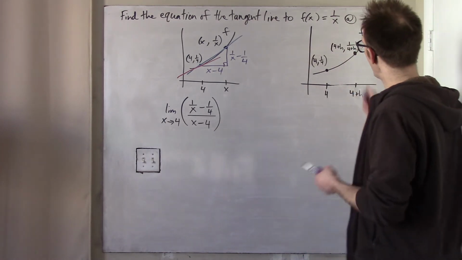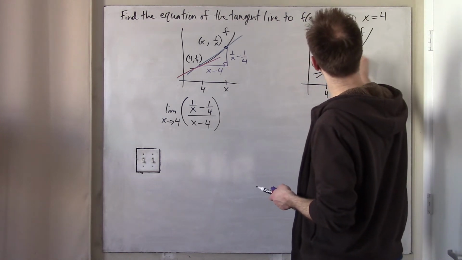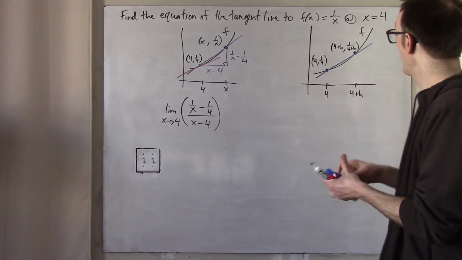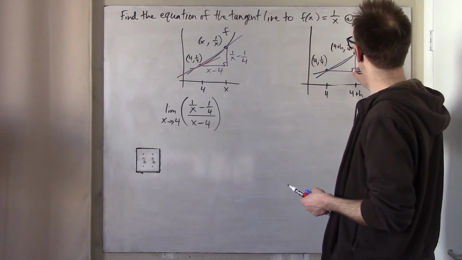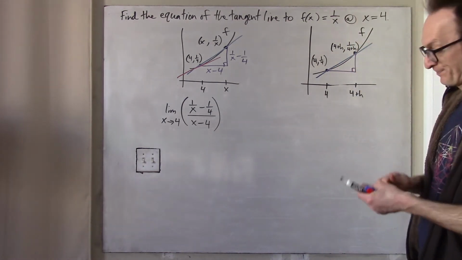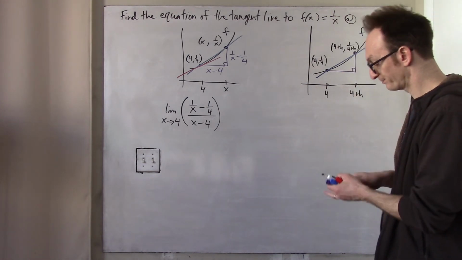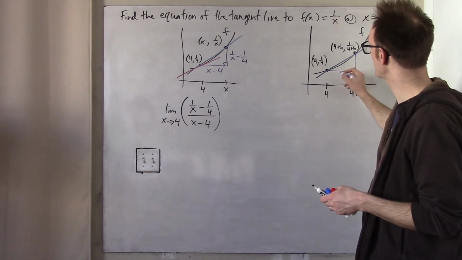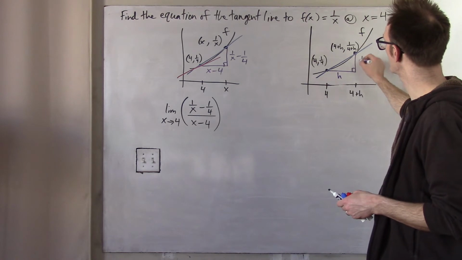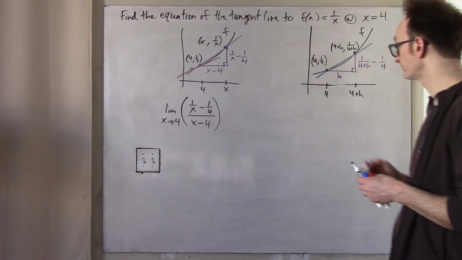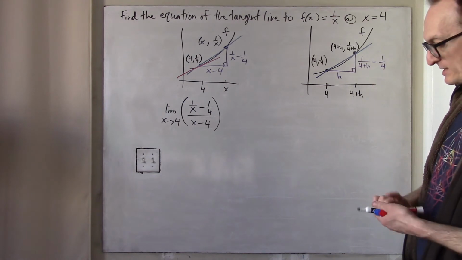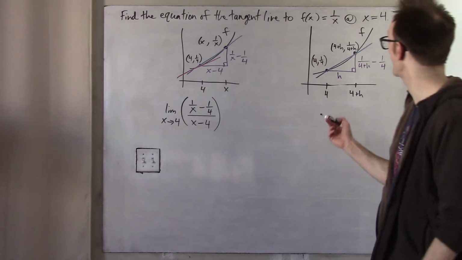And so again I can draw the secant line, and again I can draw in the triangle. I have h as my change in x, and my change in y is 1 over 4 plus h minus 1/4. So what's the slope of that blue line?